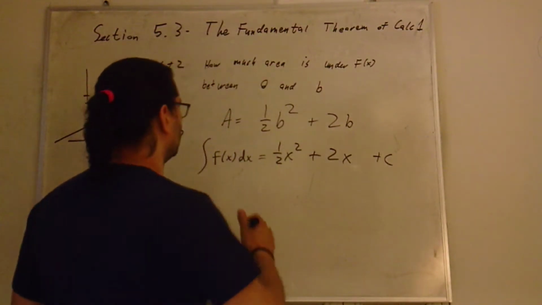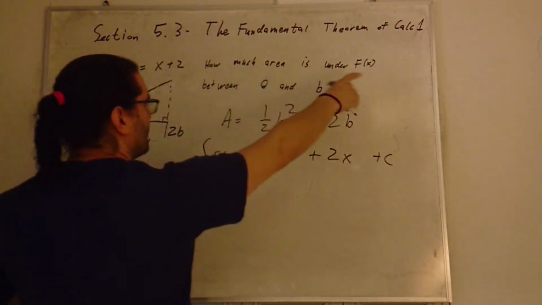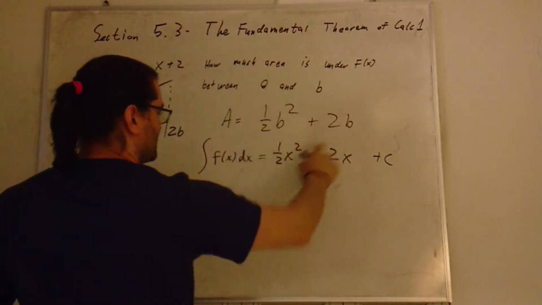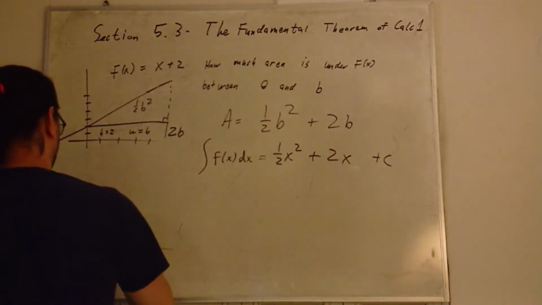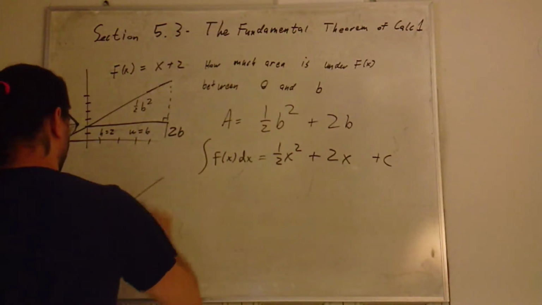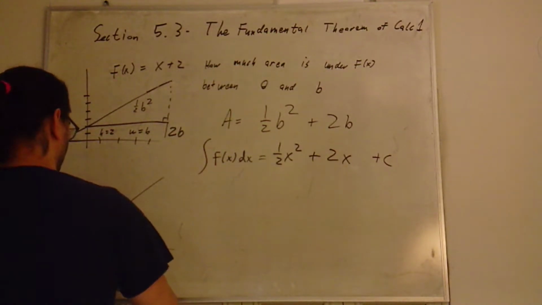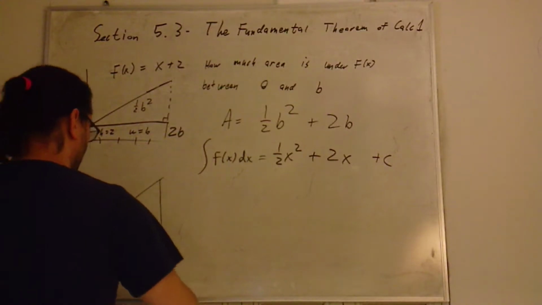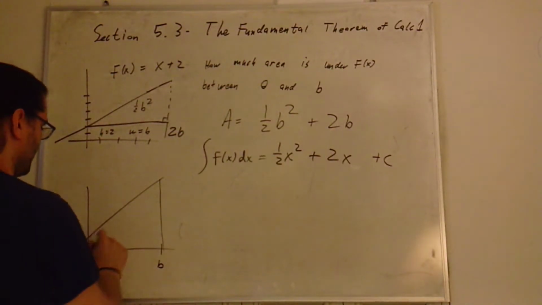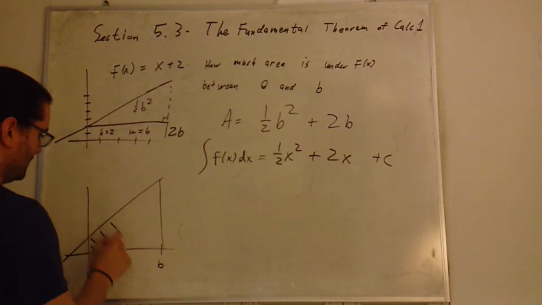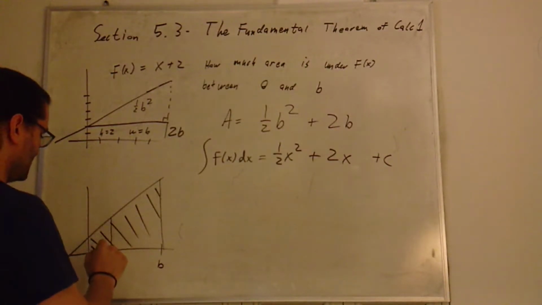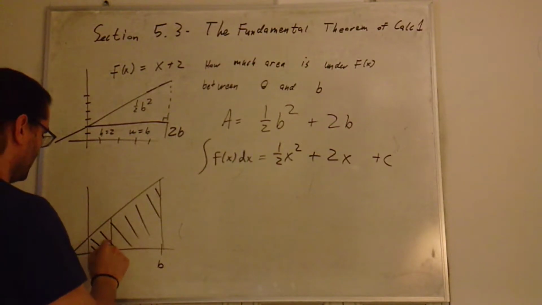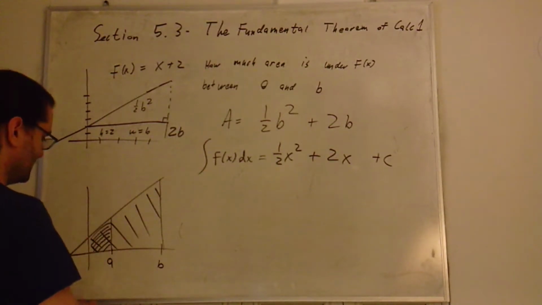So if you wanted to, the area under f between 0 and b is this. Let me just draw a different picture. Let's do the same thing. If I put A here and B here, the area between 0 and B is this. The area between 0 and A is this.